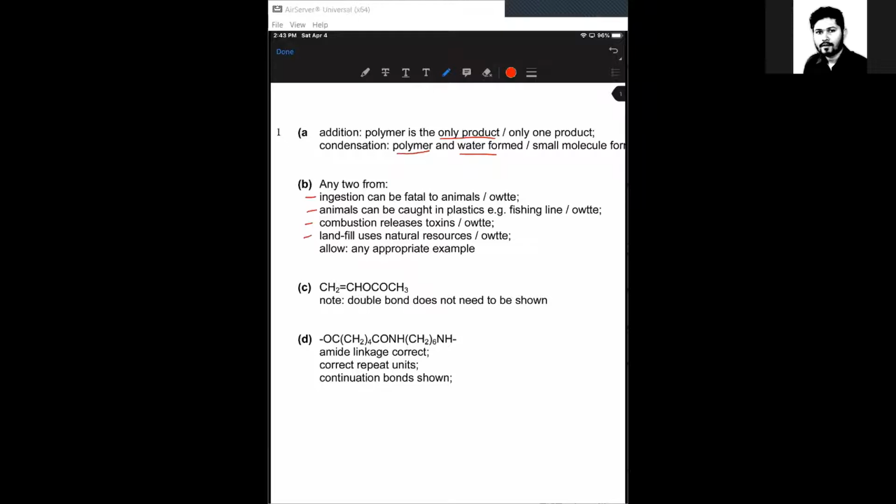Landfill uses natural resources, or an increase in landfill sites, that also you can mention. Any other answers? So any two you have to mention.